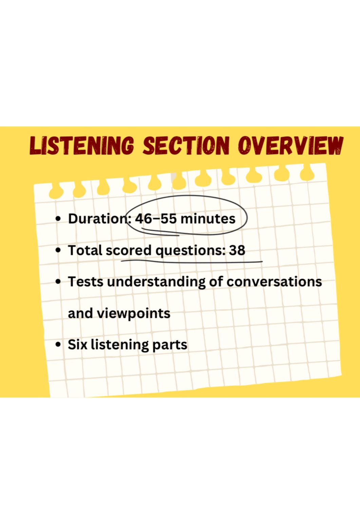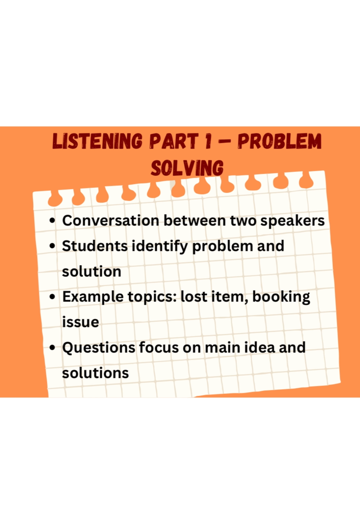Here, your ability to understand conversations, opinions, and real life situations along with the viewpoints is being checked. This section is divided into 6 parts and each part tests a different skill. The first part is problem solving. In this part, you will listen to a conversation between 2 people.